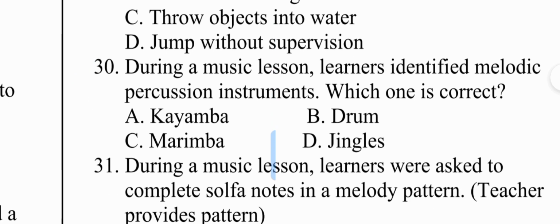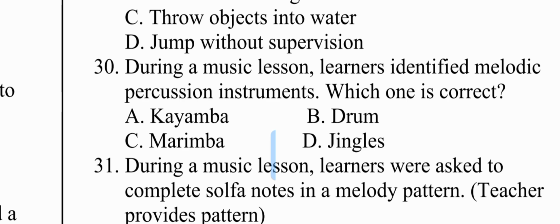Number 30, during a music lesson, learners identified melodic percussion instruments. Which one is correct? Melodic percussion. Remember, melodic produces different tunes or different sounds. So we have kayamba, that one is non-melodic. Drum is non-melodic. Jingles is non-melodic. The melodic one is marimba.